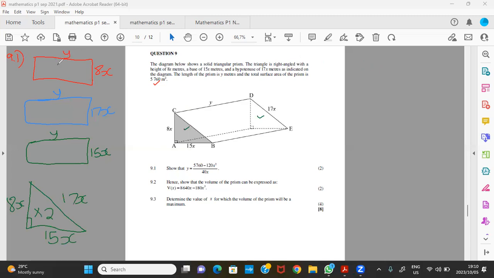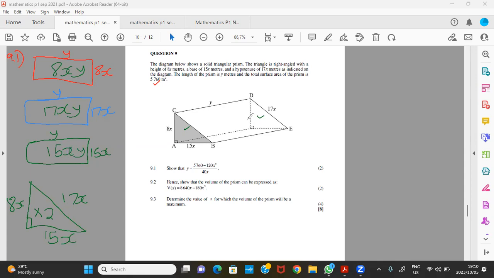For the first one, the area is going to be length times breadth. So it's going to be y times 8x, which I can write as 8xy. Then the second one, I multiply them again, so it can be 17xy. Last one, 15xy.